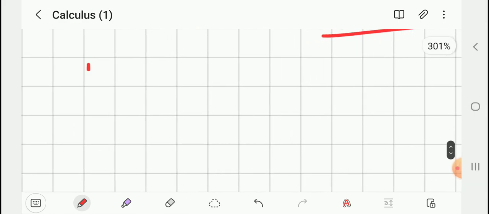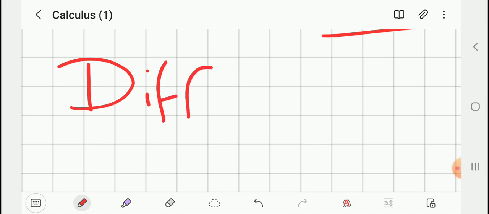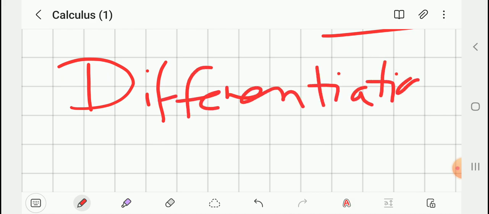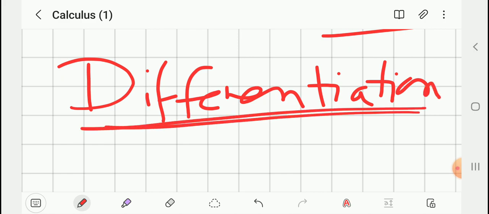Let's start with differentiation first. We'll be discussing the concepts after this.